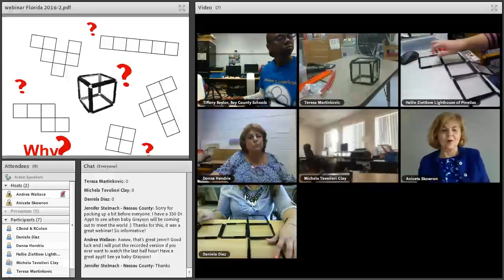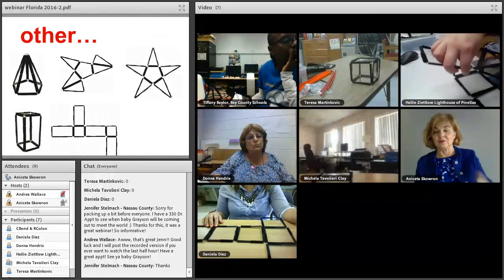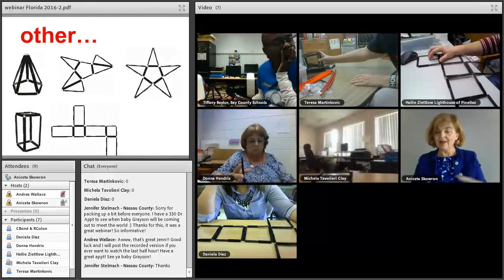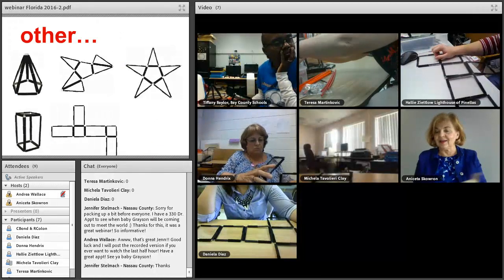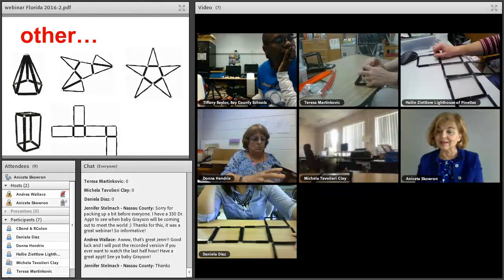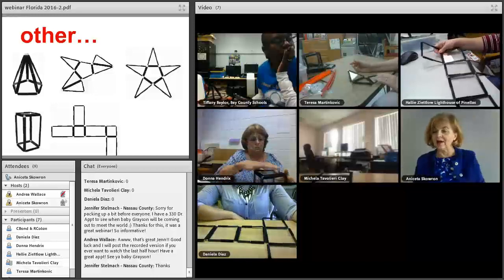Okay, so this was the basis, and of course, you do it with a cube, but you can do it with any other solid because every solid has a net and many nets. So this is an exercise in recognizing the properties of those solids and nets and how they all are related.